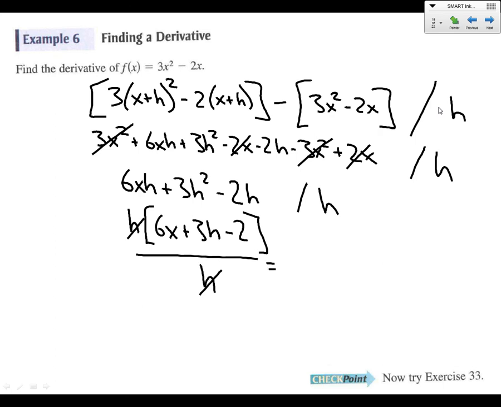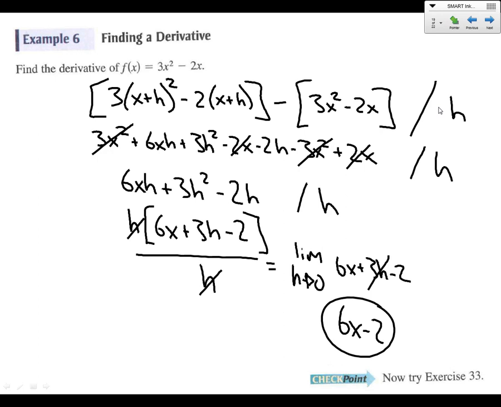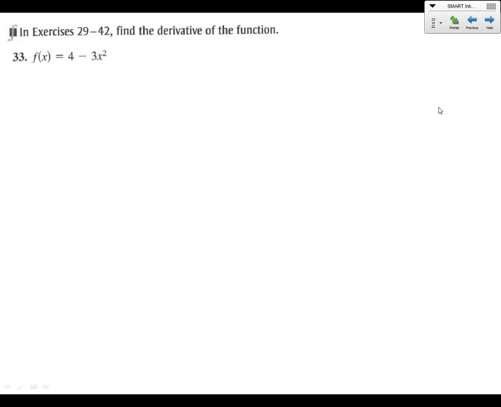And so we have the limit as h approaches 0 of 6x plus 3h minus 2, which is 6x minus 2. Okay? All right, so that is the derivative of that function. Your turn on 33. Find the derivative of 4 minus 3x squared.